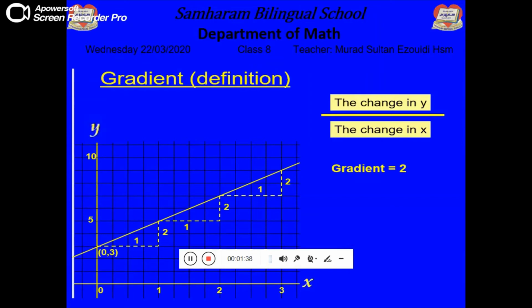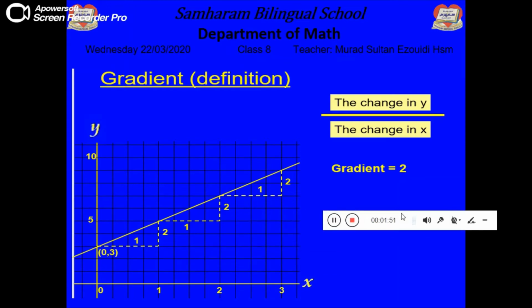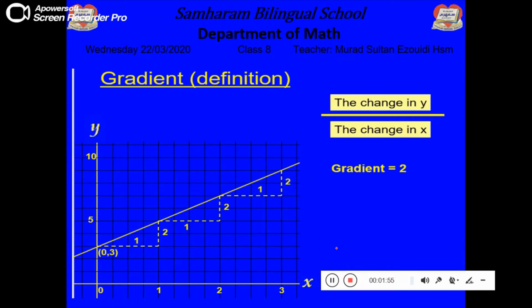Now let's see how we can find the gradient of the line. Here we have a coordinates grid, and we plot some points (0, 3), (1, 5) and so on. Here you can see that whatever the coordinates of the points, this line has the same gradient.